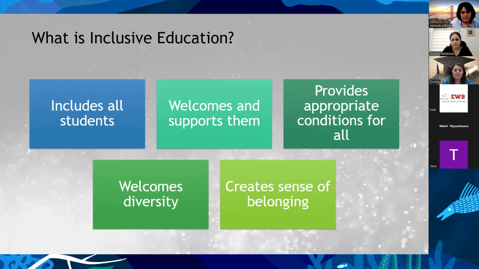which means that the teaching, the curriculum, as well as school buildings themselves, classrooms, play areas, transport and toilets must be appropriate for all children and all levels, since it welcomes diversity and creates a sense of belonging. That means all students, despite their mental and physical abilities, belong to one space where they can create a learning atmosphere, no matter if the student is able or disabled physically, in good physical condition, or has some hearing impairment or eyesight problems.